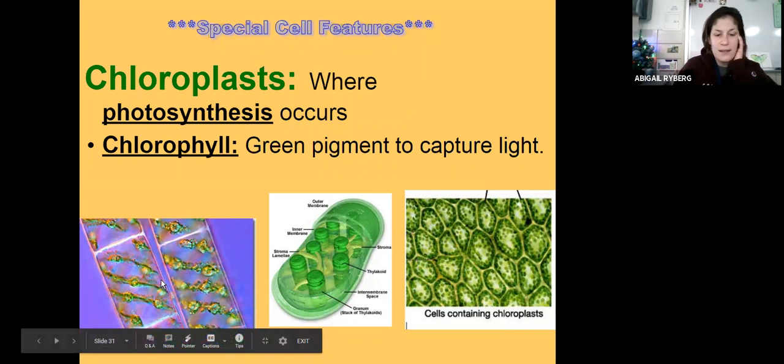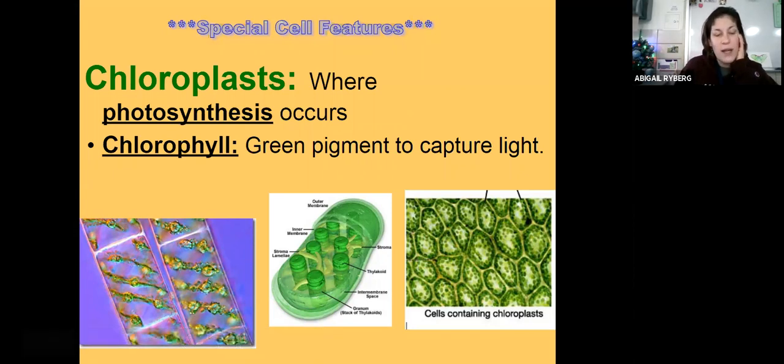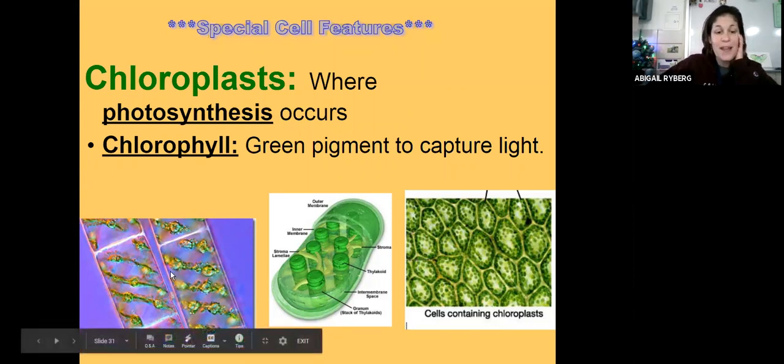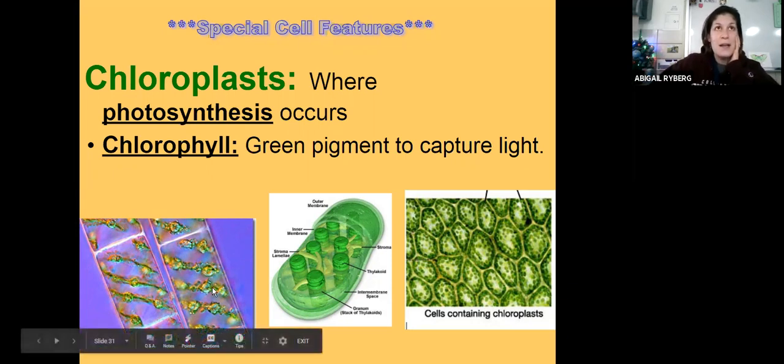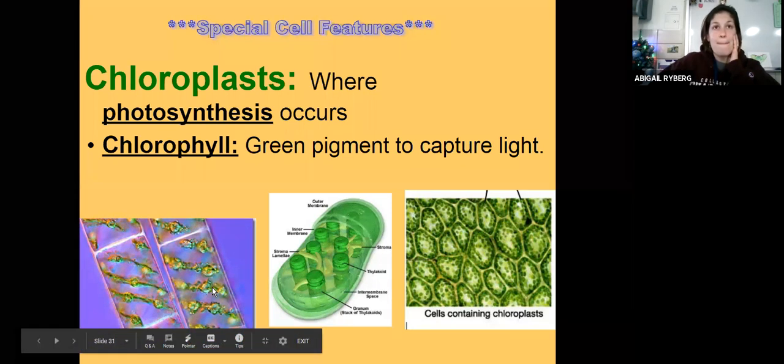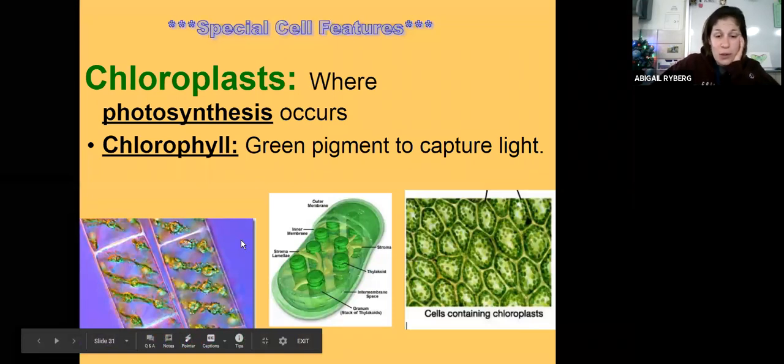This is a picture of plant cells under a microscope. Normally we'd be doing this and looking at plant cells like you'd make your own slide. I'd go out and buy aquatic plants, and you'd make your own little slide and look at the little circular clumps, which are the chloroplasts.